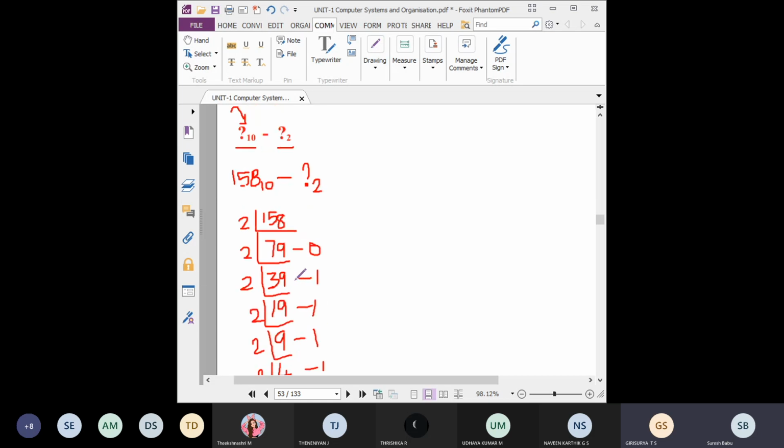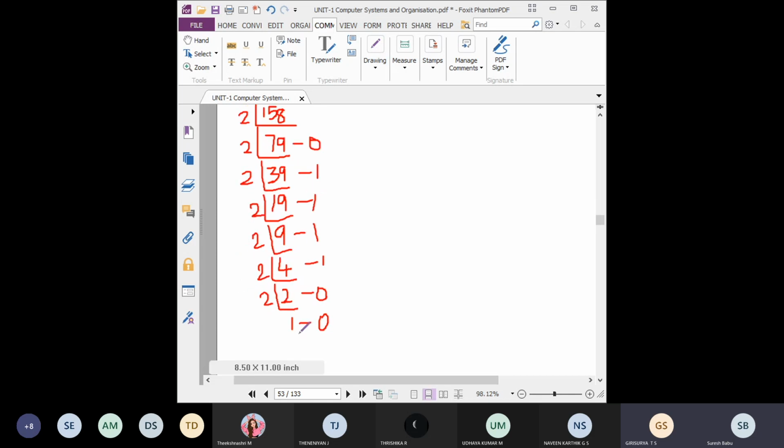Now for the answer, you have to collect all the remainders. These are the remainders: 0, 1, 1, 1, including this last one. Collect and write these remainders from the bottom to top.